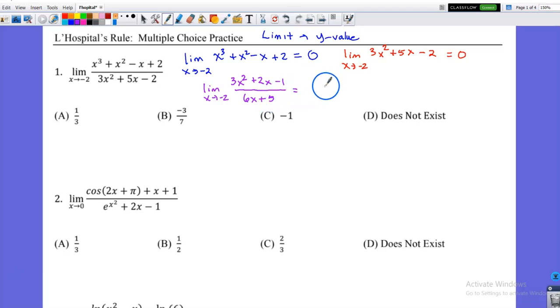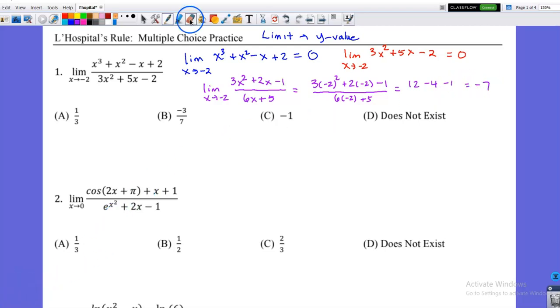Substitute again, see what happens, and you will get 3 times -2 squared plus 2 times -2. I'm simply substituting the -2 in place of all of the x's. 6 times -2 plus 5. Do the arithmetic. That'll give me 12 minus 4 minus 1, which is -7.